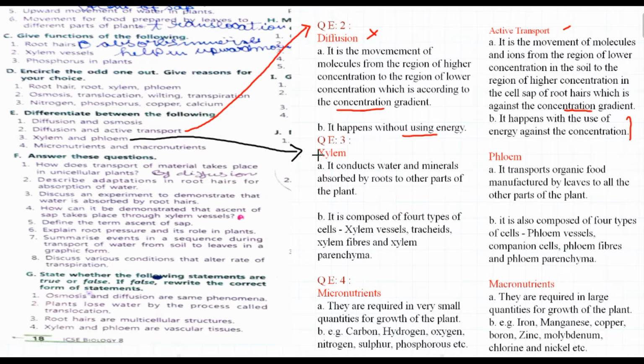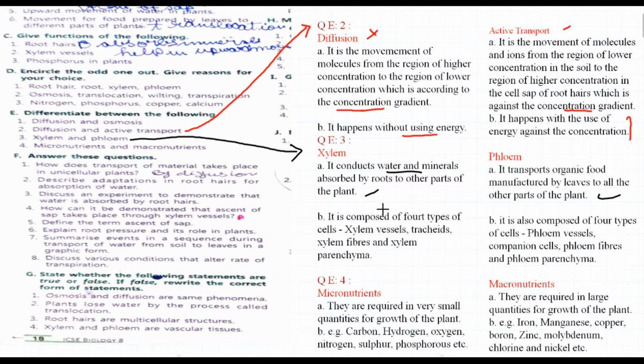Next one is part 3, difference between xylem and phloem. It is given here. Xylem conducts water and minerals absorbed by the root to the other parts of the plant, whereas phloem transports organic food manufactured by leaves to all other parts of the plant.